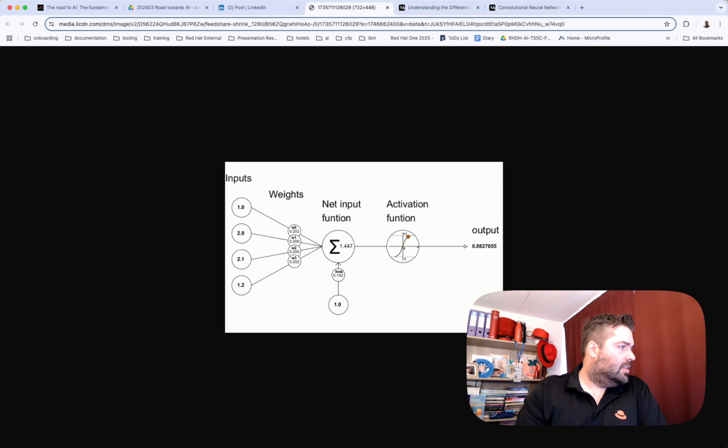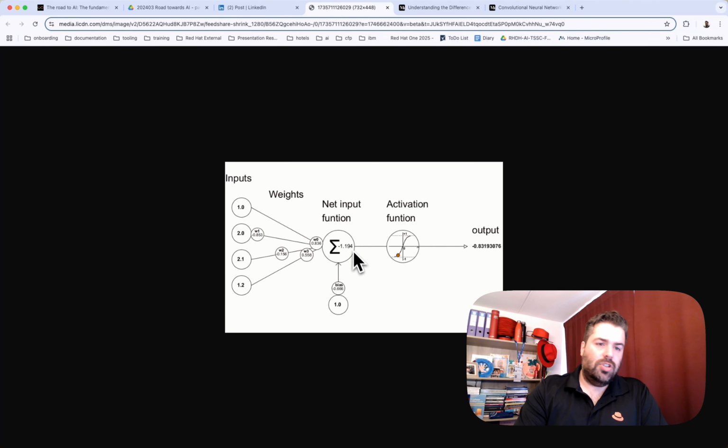On the left side, you have the input parameters. So the input nodes with values 1, 2, 1.2, 2.1. Then you have weights on the connections. So each connection between the neurons has an associated weight, which adjusts during training. These weights determine the strength of the input and influence, as said before, the output of the neuron.